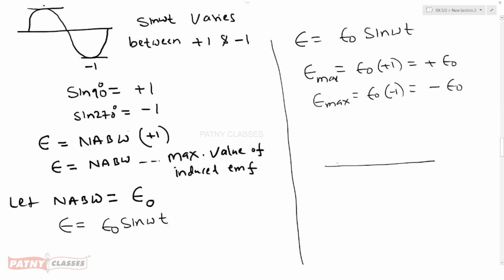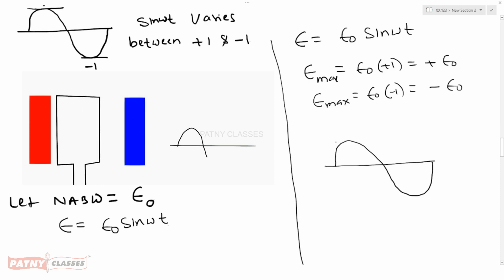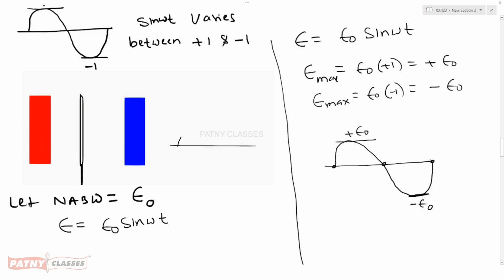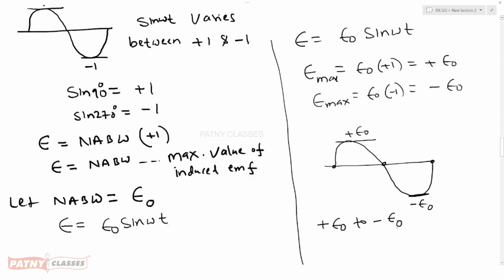That means in the AC generator the maximum value of EMF induced is plus E naught, and on the negative side the maximum value induced is minus E naught, and 0 is the minimum value. We say that the EMF in an AC generator varies between plus E naught and minus E naught.